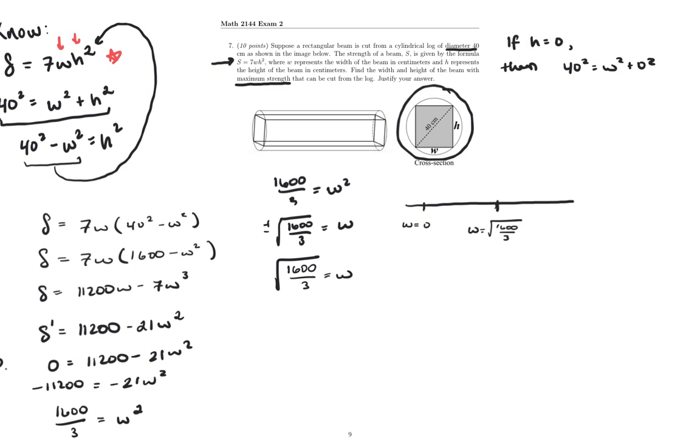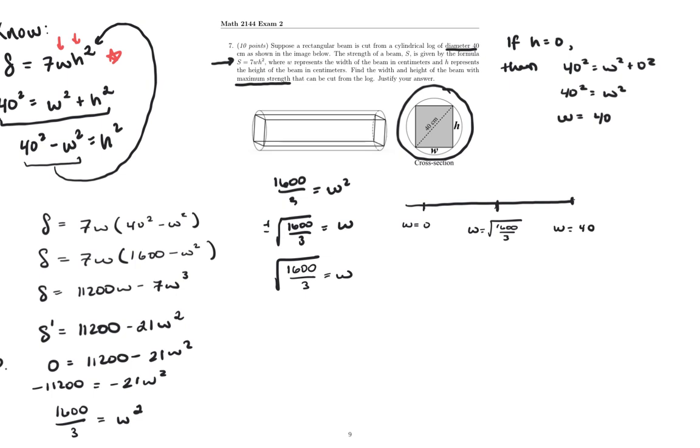Or I get 40 squared is equal to W squared, take the square root, and I get W is equal to 40. Okay, so I know the maximum that it can be is W equals 40. And now I want to verify that this is the actual maximum value using the first derivative test.